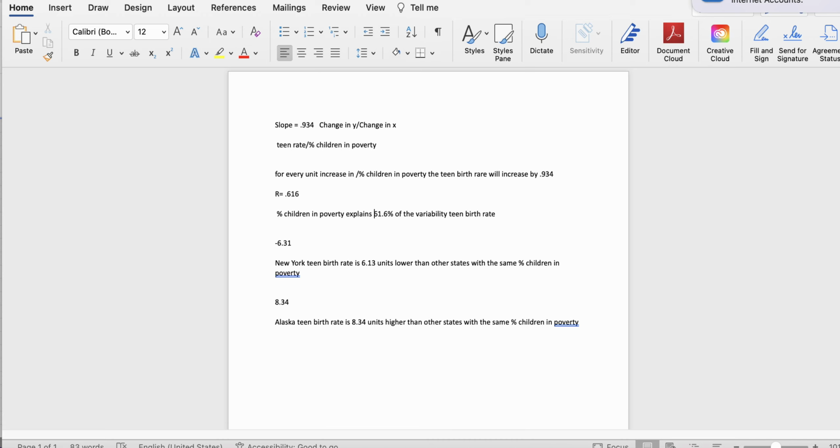So again, 61% is a good percent of variability that's being explained by our predictor variable. New York's birth rate is 6.31 units lower than states with the same percent of children in poverty. Conversely, Alaska's teen birth rate is 8.34 units higher than states with the same percent of children in poverty.